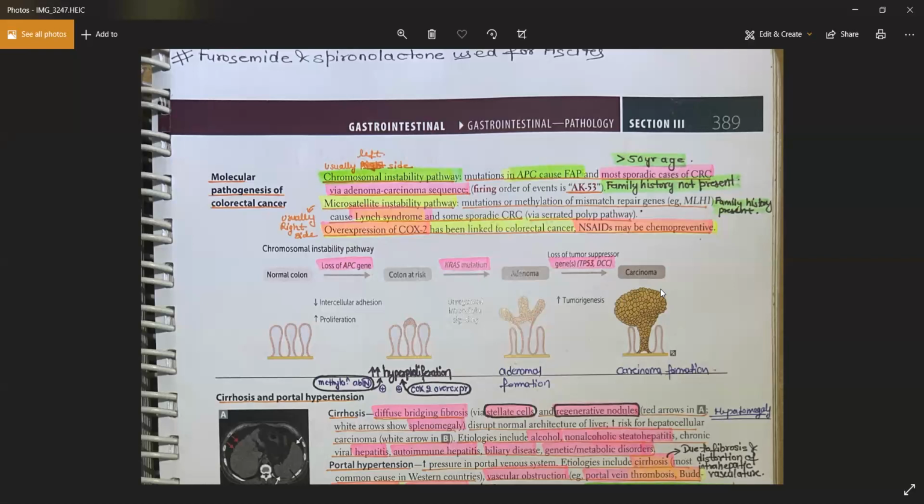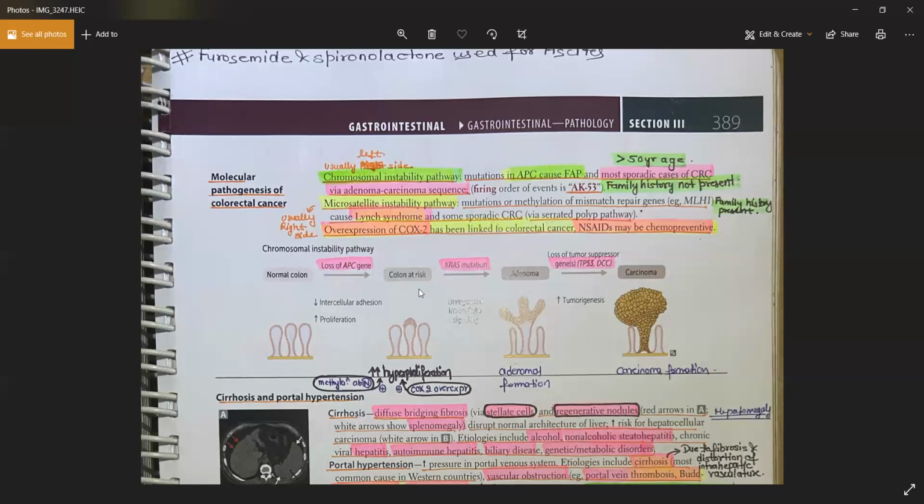Why? Because only after the KRAS mutation can you have an adenoma of up to 4 centimeter. So because two mutations are already there and one mutation is needed, there is a high chance of progressing to cancer. Is that okay? Yes.